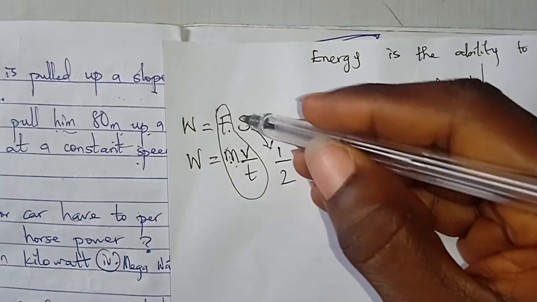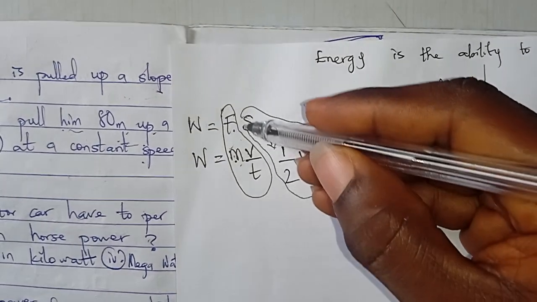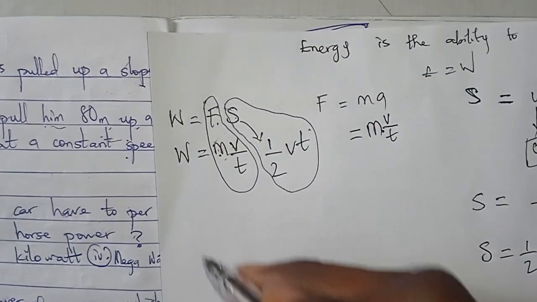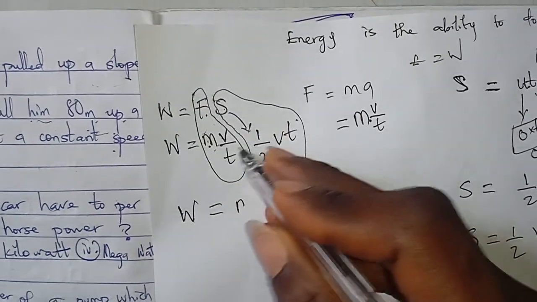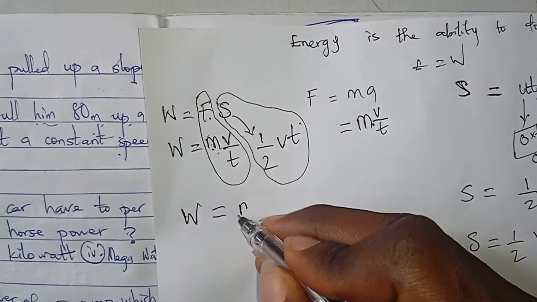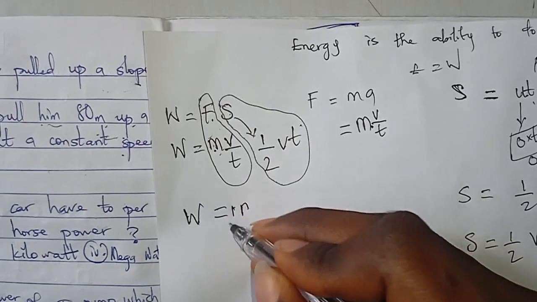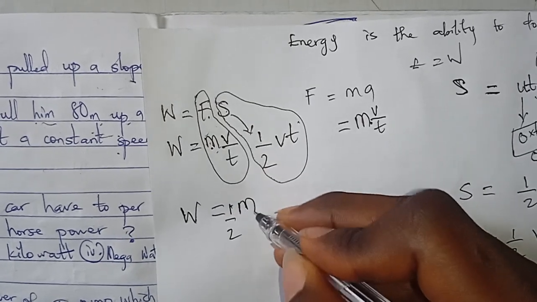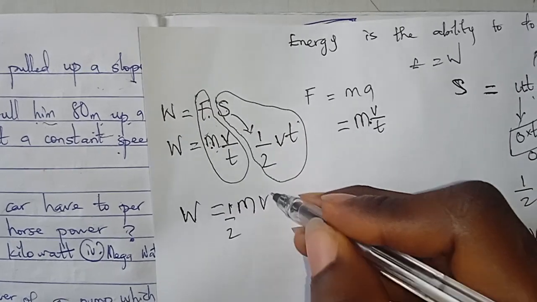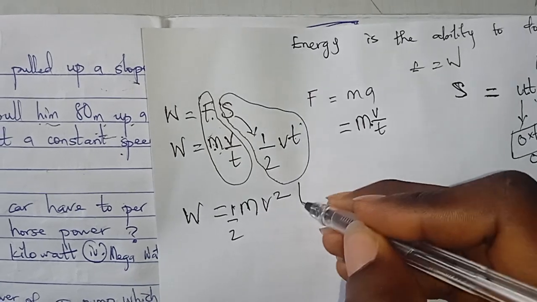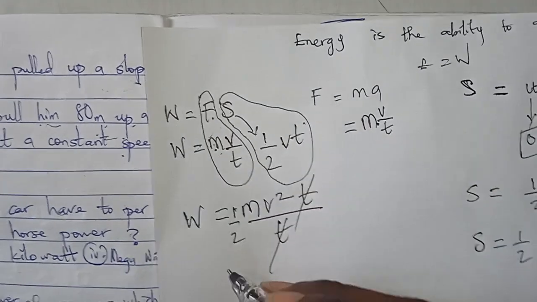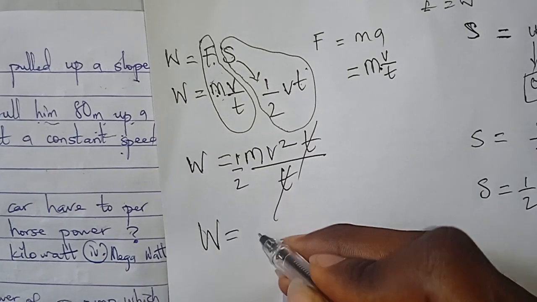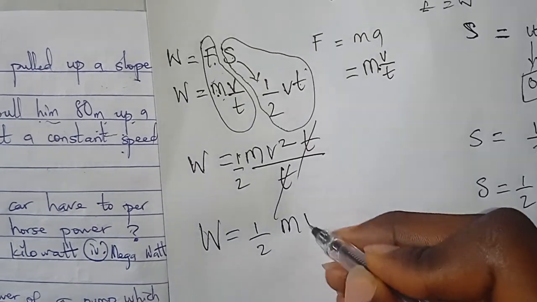So this is for S. You can very well see that this is the same thing as saying work is equal to, bring the half one side, half M V times V square, then T all over T. This will take care of this. So you have that work is equal to half mv square.